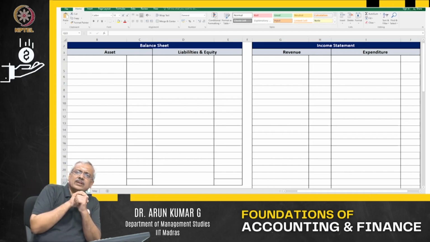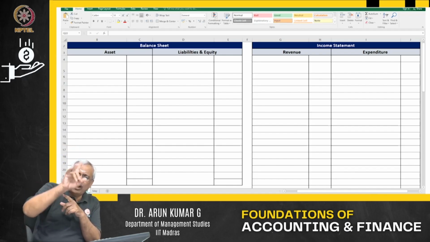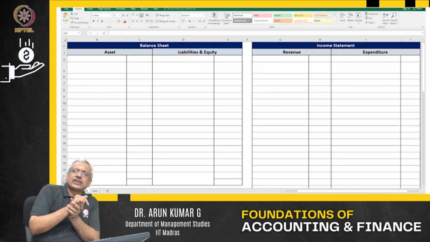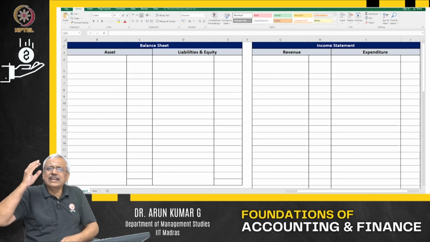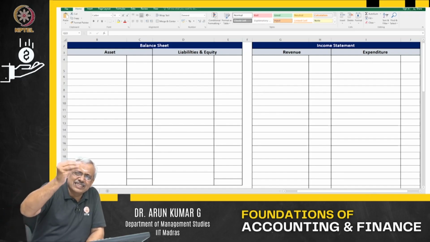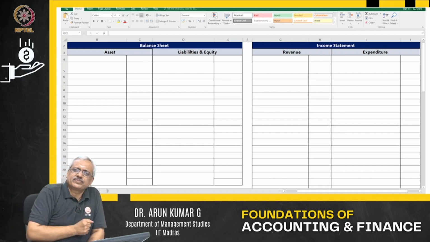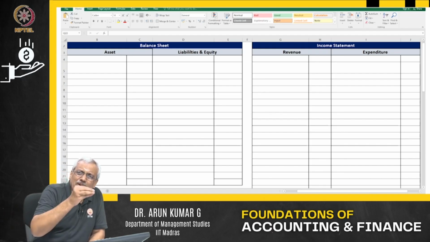In short, any transaction that happens in an organization will have to impact both the balance sheet and the profit and loss statement at any point of time.